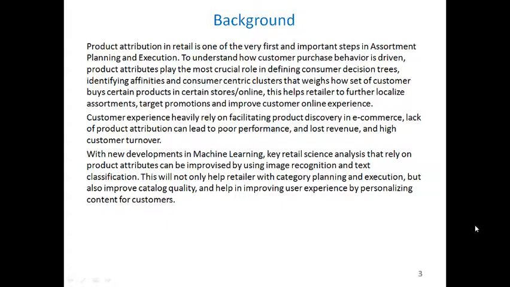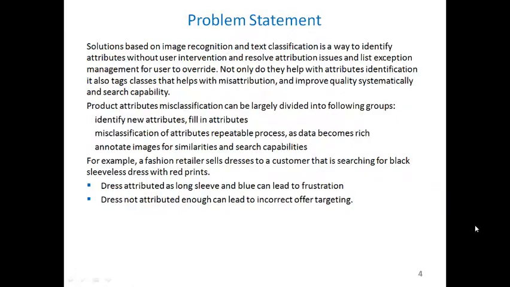Along with that, they can also have searchable images. So there are quite a few use cases where a retailer can leverage image recognition and text classification, and then combine those two in order to identify their product attributes, so that they can eliminate any misclassifications, fill in any gaps, and annotate images for similarities and search capabilities.